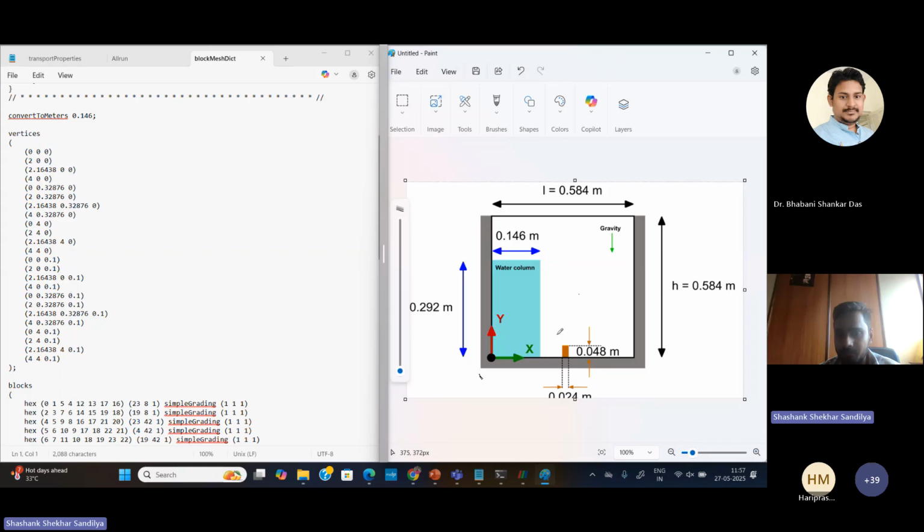First of all, to solve this problem, we have to create rectangular boxes or blocks so that we will mesh our domain. For that, we have made these blocks. Second block.